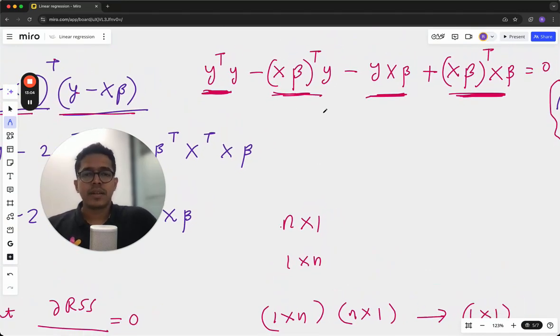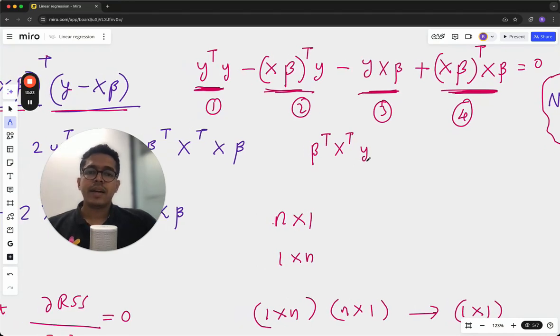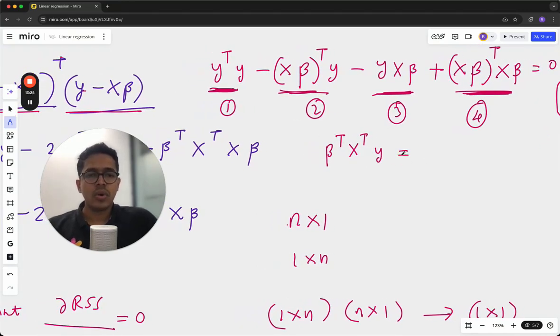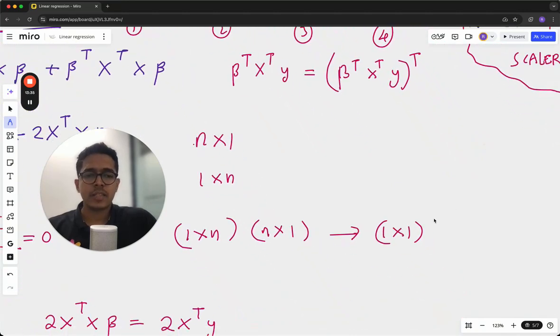So which means now if you look at these terms, this is term 1, term 2, 3 and 4. Let's look at terms 2 and 3 for now. Ignore terms 1 and 4. So term 2 is now (x beta) transpose times y, which is x transpose y beta transpose. This is equal to its own transpose, because a transpose of this 1 by 1 matrix is the same as itself.